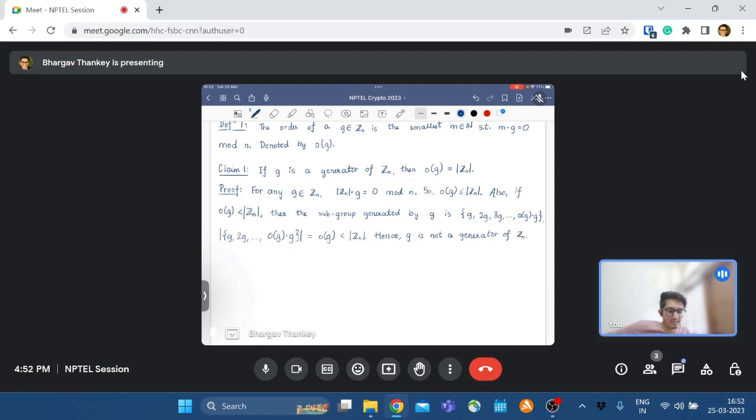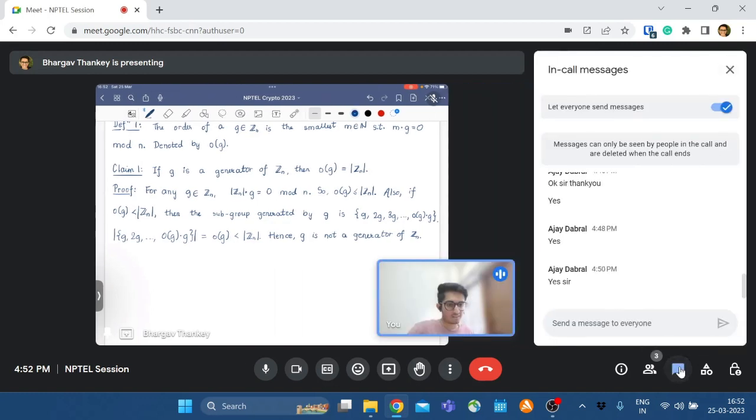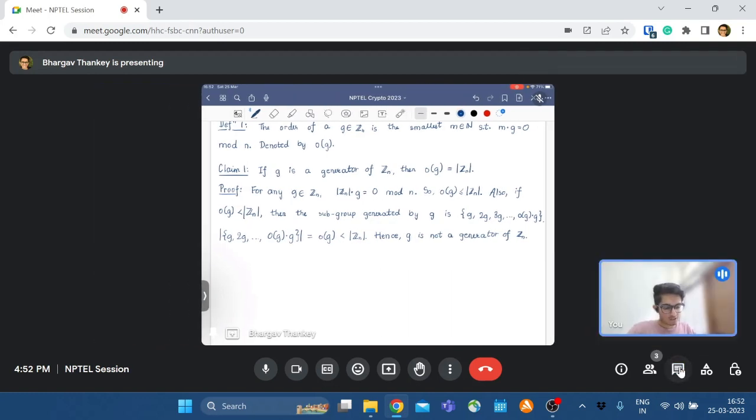So what we have shown is that the order of any g is at most the size of Zn, and if the order of g is less than the size of Zn, then g cannot be a generator. So this means that g is a generator if and only if the order of g is equal to the size of Zn, right? In fact, the converse is also true.